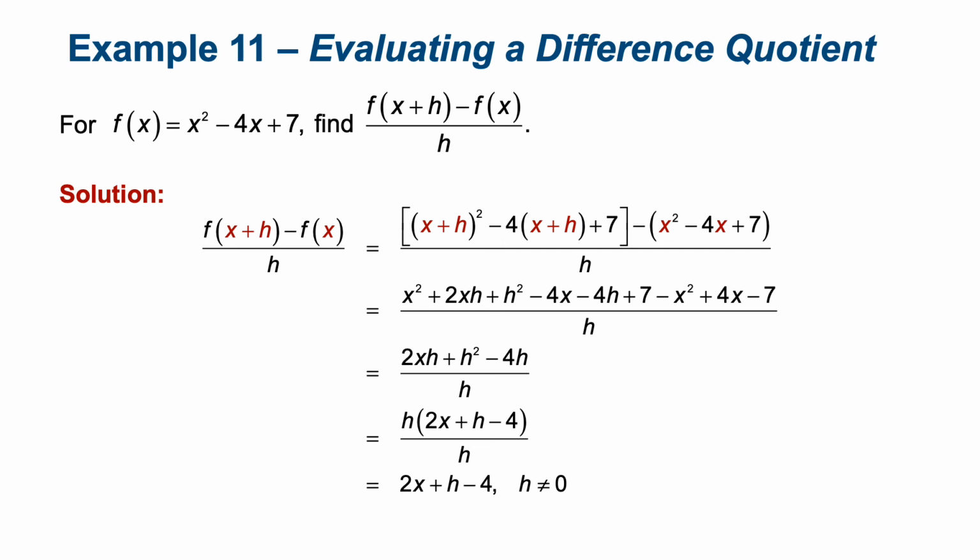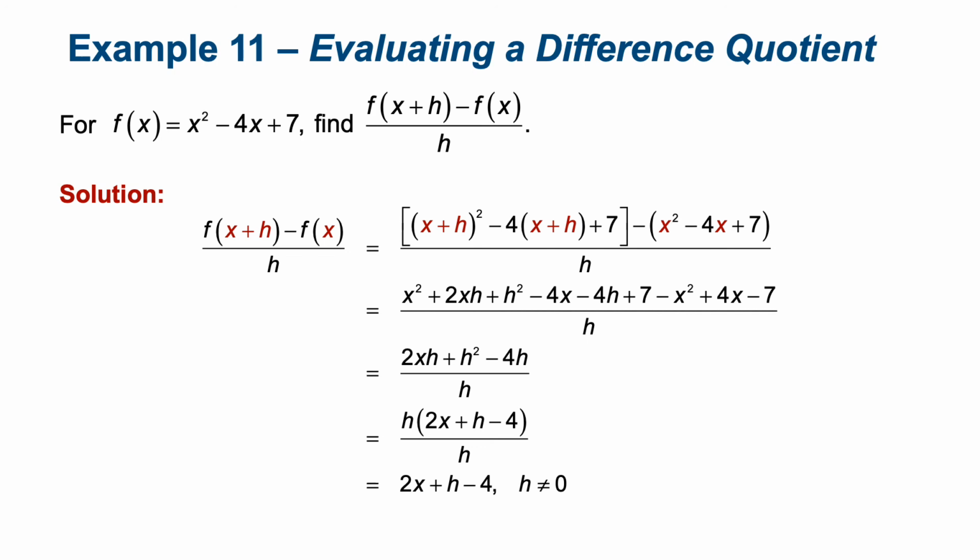So this x squared cancels out with this one. This 4x cancels out with this 4x. This 7 cancels out with this 7. Okay, and you're left with 2xh plus h squared minus 4h all over h. So you notice, what's the GCF here on the top?